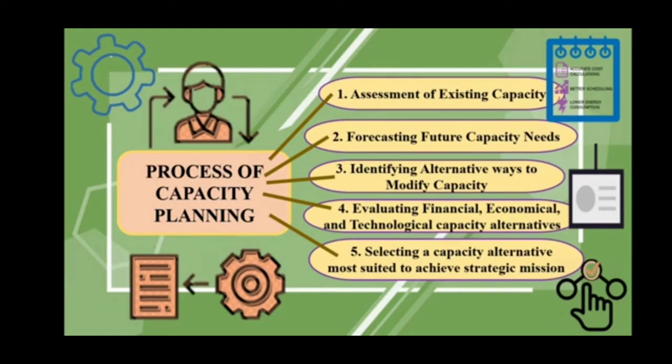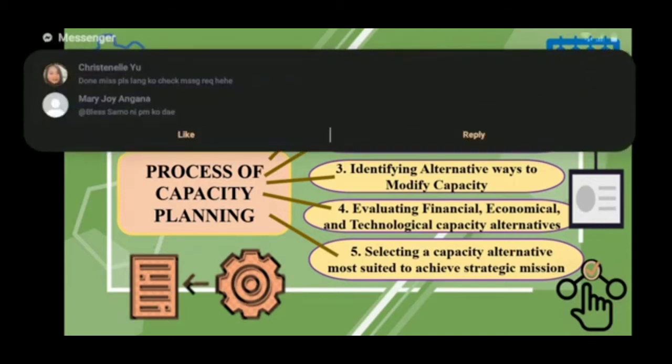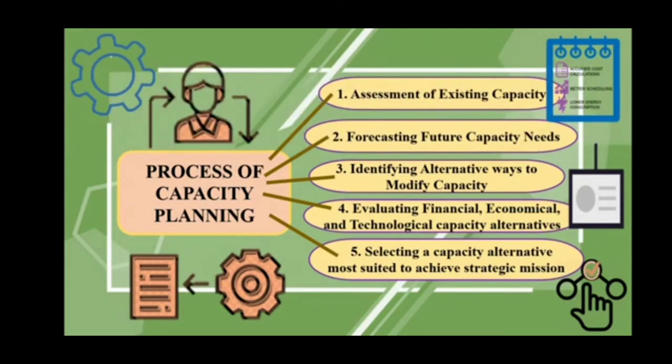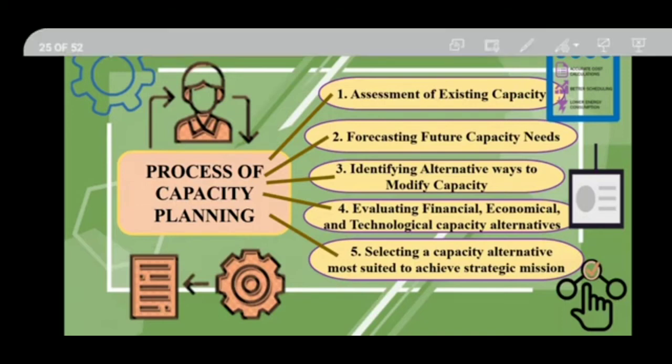Cost-benefit analysis and decision theory are the main techniques of evaluating alternatives. The last one is selecting a capacity alternative most suited to achieve a strategic mission. After performing the cost-benefit analysis of various alternatives to expand or reduce the capacity, the most appropriate alternative is selected.